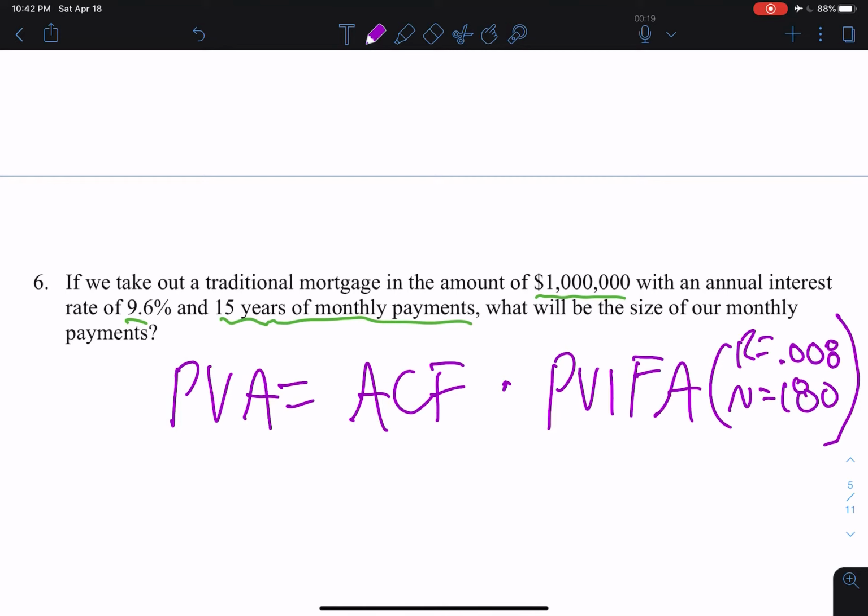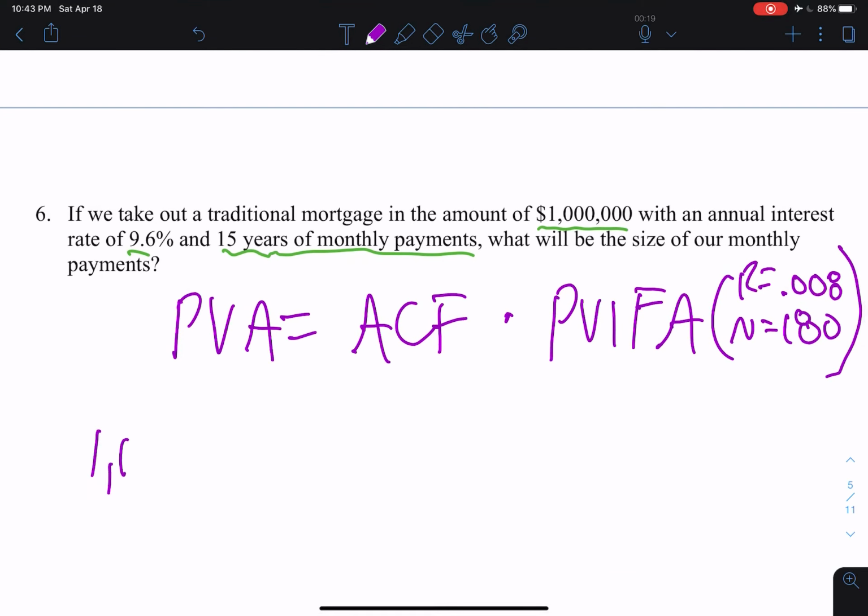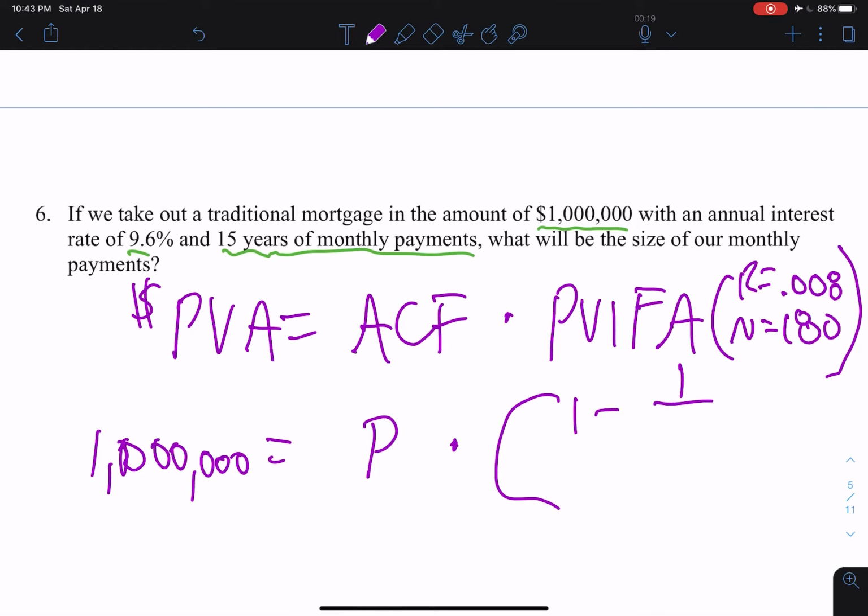Now, let us plug in the relevant values for this problem. Our PVA, our present value of annuity, is the $1 million. And the annuity cash flow is what we're solving for. I'll call that P. And the PVIFA, of course, is going to be 1 minus 1 over 1.008 raised to the 180th power, all divided by 0.008.